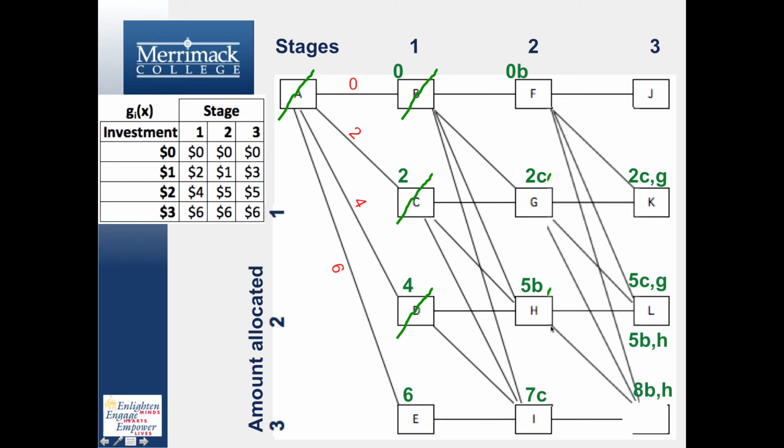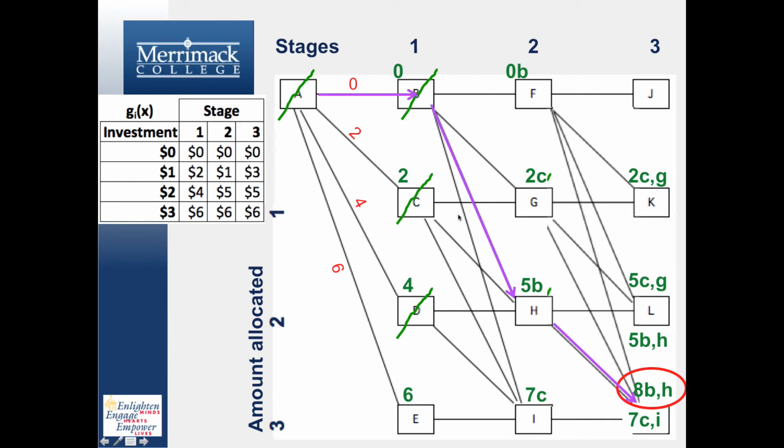And if I come from H down here, and if I invest $1 million in stage 3, I get 3 back. So 3 plus 5 is 8. And it turns out that's the best choice. I kind of shortened it up a little bit, but you get the idea, hopefully.